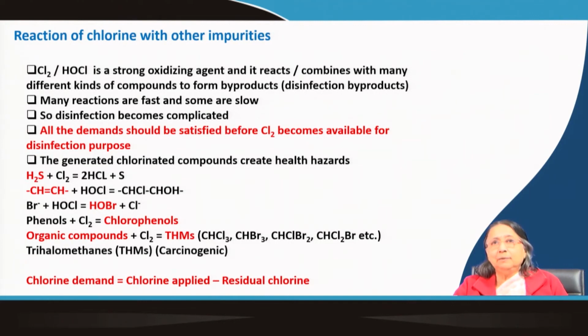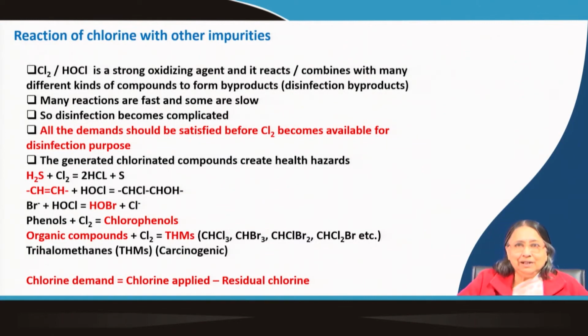Many reactions are going on, some of the reactions are fast, some of the reactions are slow. If so many reactions are going on, then it becomes complicated, right. Now, what are those reactions? We are using chlorine for disinfection, but chlorine is consumed by some other materials doing some other reactions.